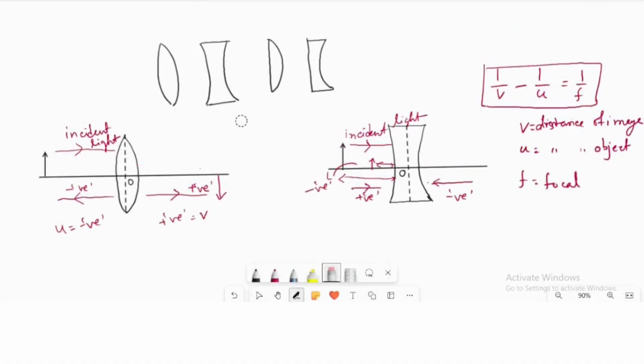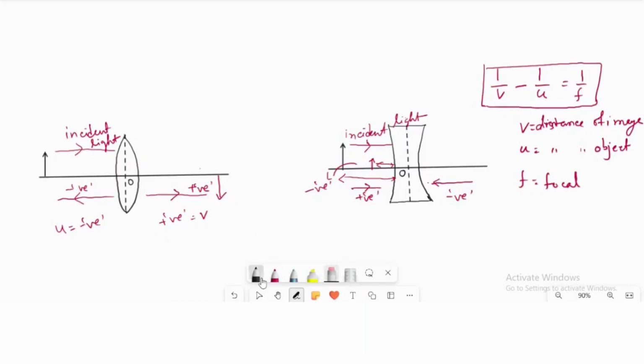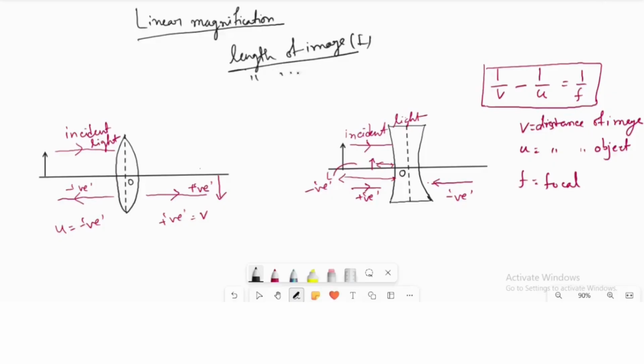Now, what is linear magnification? The ratio between the length of the image I and the length of the object O is called the linear magnification and is denoted by m.